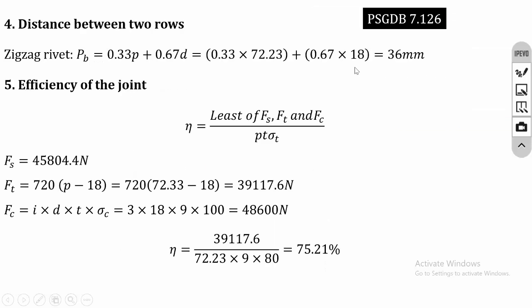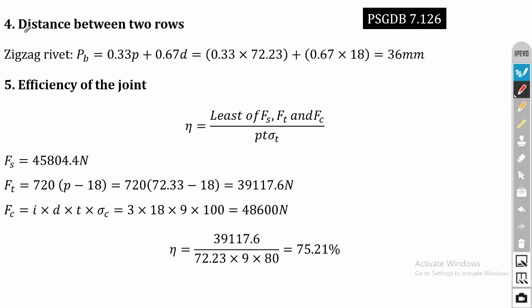So now we have calculated the pitch. The next step is distance between two rows. And as I discussed earlier in the design procedure, we have two equations for calculating the distance between two rows. That is one for chain rivet and another one for zigzag rivet. So here in the problem, it is clearly mentioned that it is a zigzag rivet.